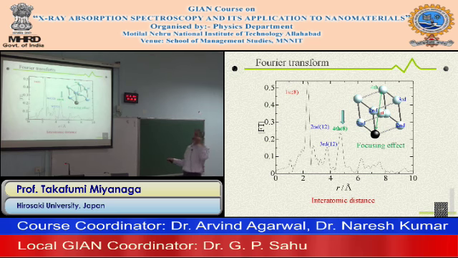Actually, the peak intensities depend on the number of atoms, 8, 12, 12, 8, and the distance from the absorbing atoms. So in this case, the fourth peak should be smaller, but the real case is different. There is a focusing effect.